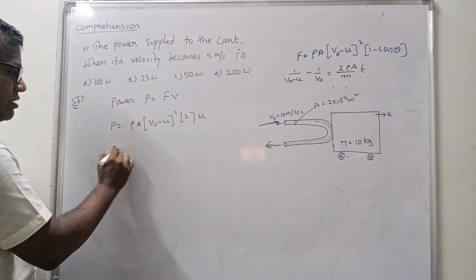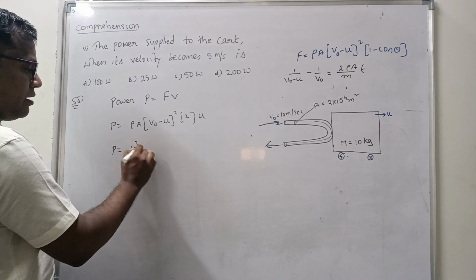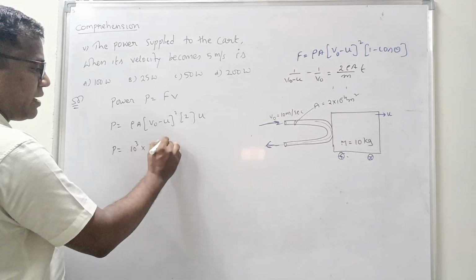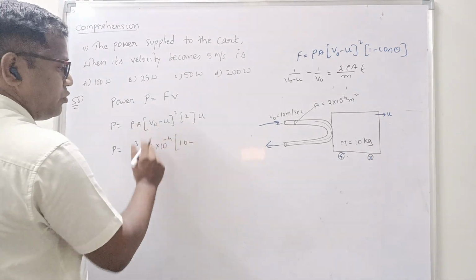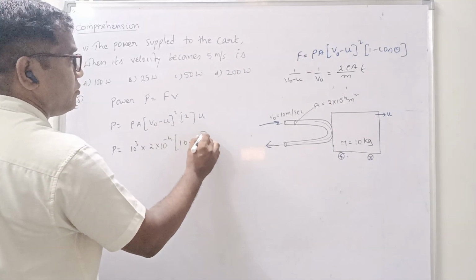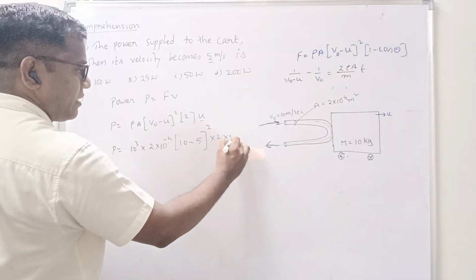So we will write here P is equal to rho. I will substitute the values: 10 power 3, area 2 into 10 power minus 4, V naught is given as 10 minus U is 5, whole square, into 2 into U, which is 5.